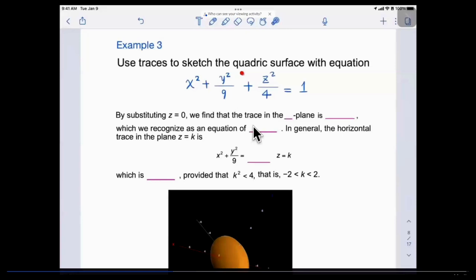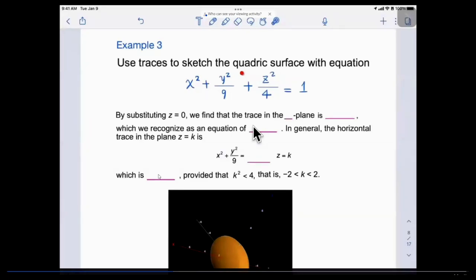You get x squared plus y squared over 9, and this part becomes 0, equal to 1. So x squared plus y squared over 9 equals 1.